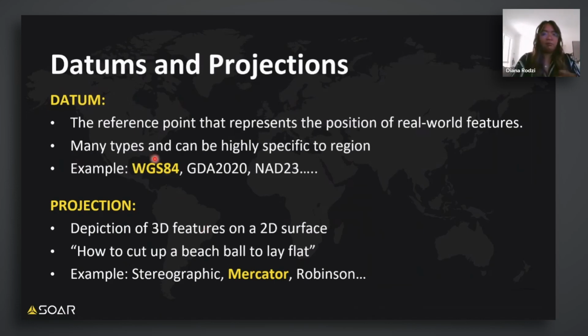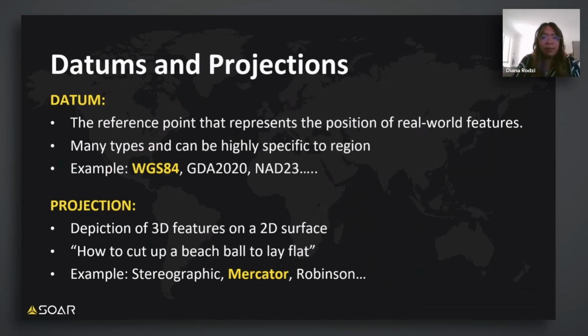The way that is done can vary in many ways, and depending on what the map is, it can use a datum that is very specific to where that map is about. There are hundreds out there, so you can really pick and choose and be flexible on what datum you choose for your data.